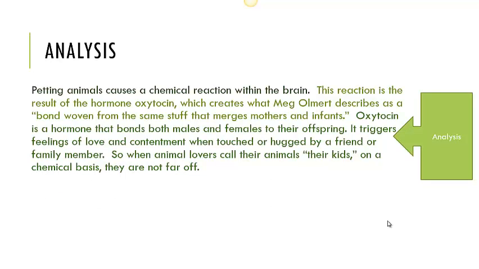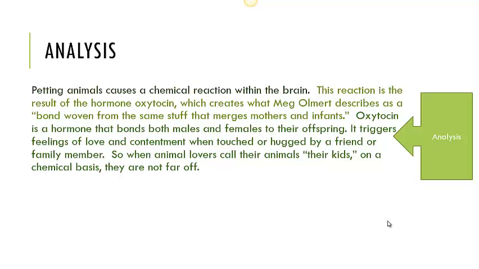So going back to our sample paragraph, petting animals causes a chemical reaction within the brain is our topic sentence. This reaction is a result of the hormone oxytocin, which creates what Meg Ulmer describes as, quote, a bond woven from the same stuff that merges mothers and infants. That's our example. And then our analysis is, oxytocin is a hormone that bonds both males and females to their offspring.